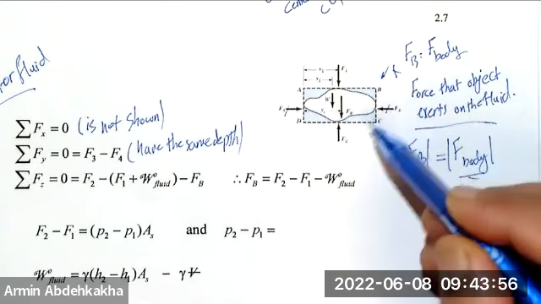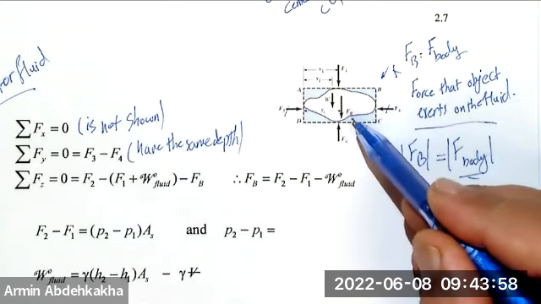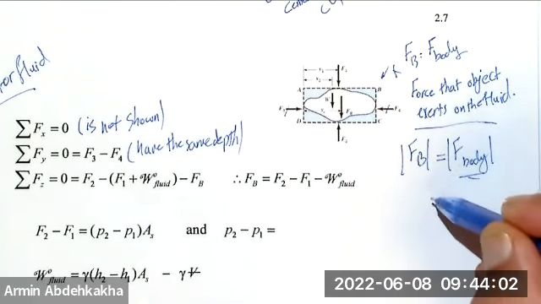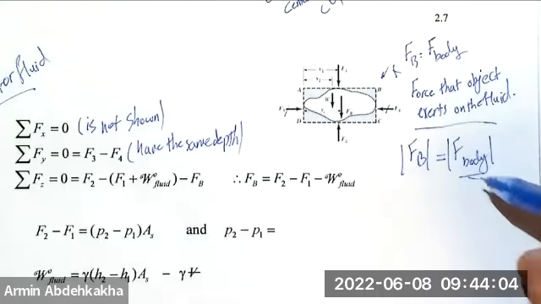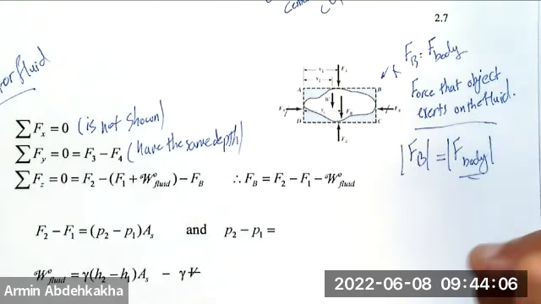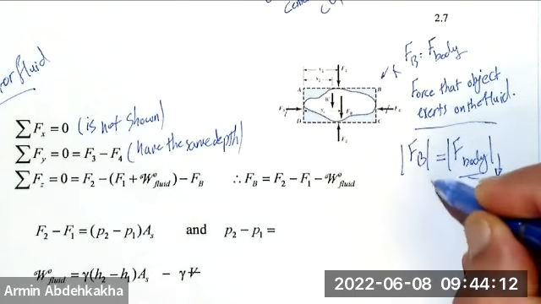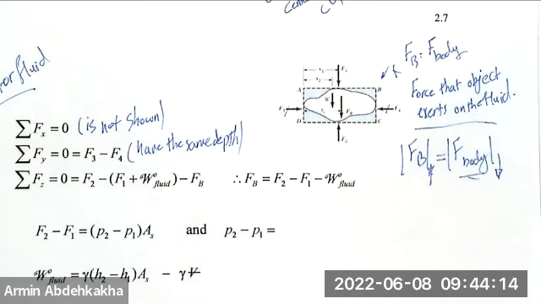This F body is the one that you calculate here. If you find the F body here, the buoyant force is the same in magnitude but in a different direction, right? The F body here is downward, so the buoyant force is upward. That's why if you find the F body, you absolutely have the buoyant force.